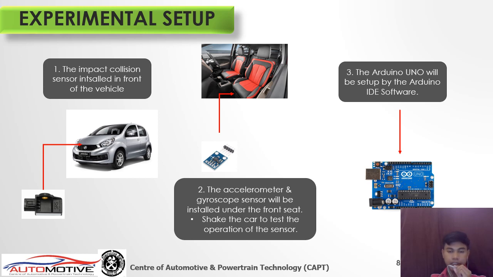Second, the accelerometer and gyroscope sensor will be installed under the front seat, because it is closer to the seatbelt of the driver and the front passenger, and also closer to the front airbag. We can shake the car to test the operation of the sensor. And third, the Arduino Uno will be set up using the Arduino IDE software.